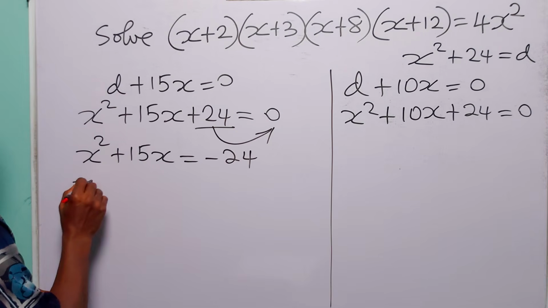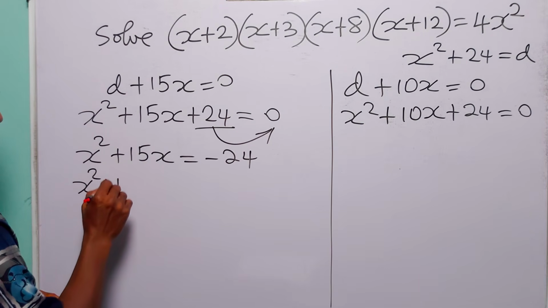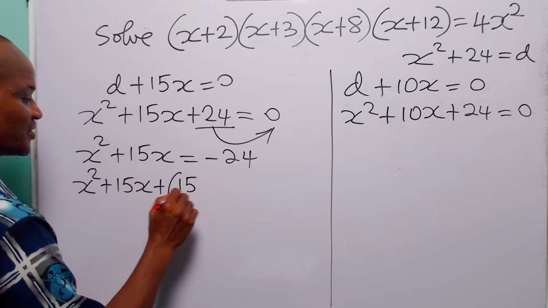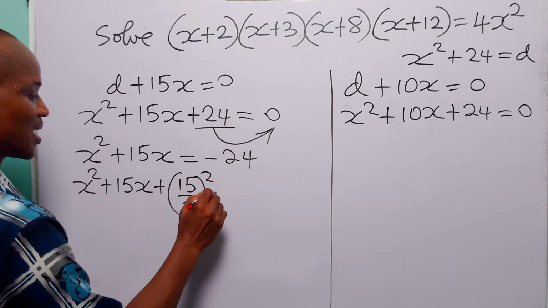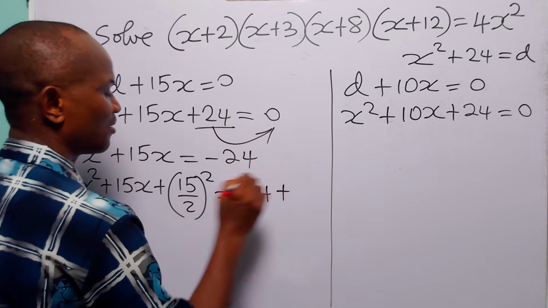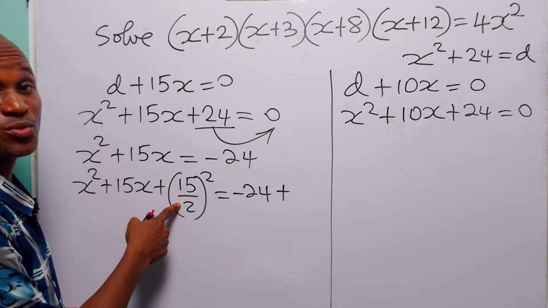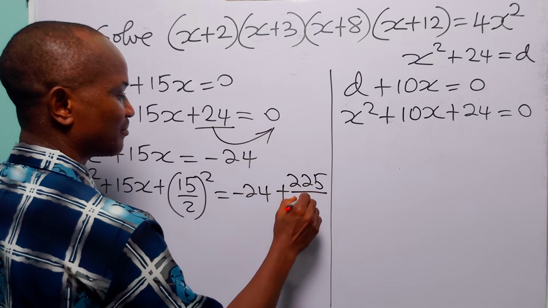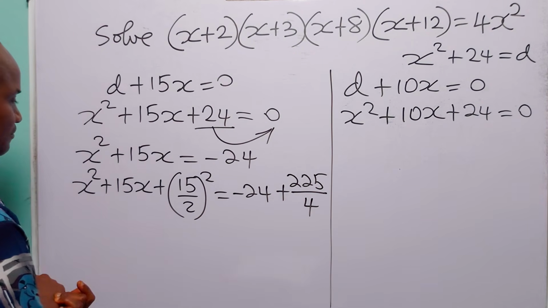When we do that, we have x squared plus 15x plus (15 over 2) squared is equal to minus 24 plus (15 over 2) squared, which is 225 divided by 4.